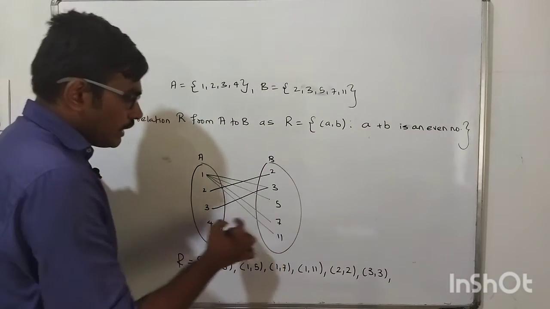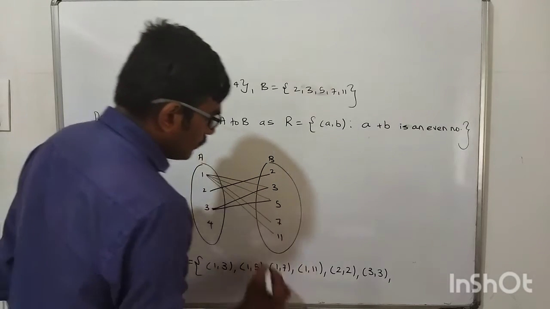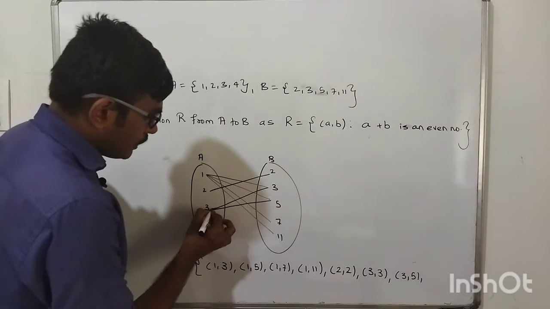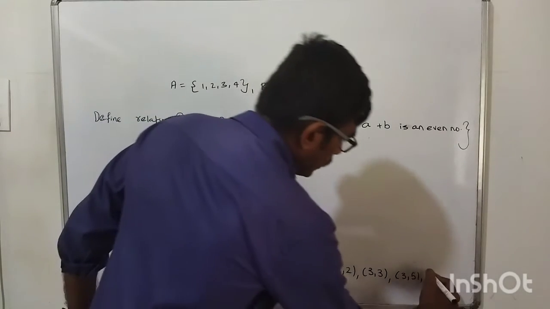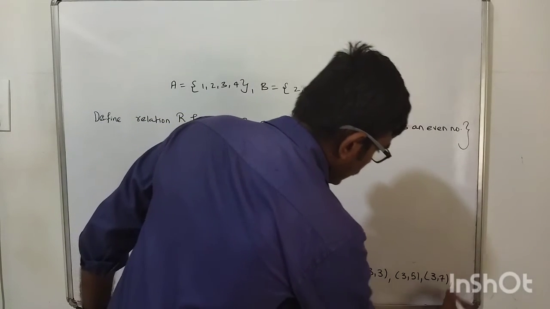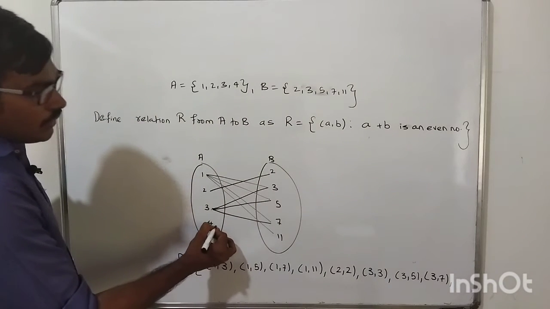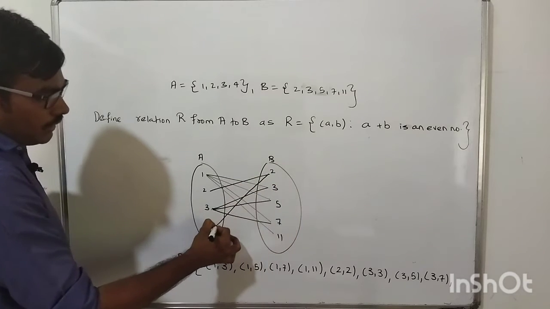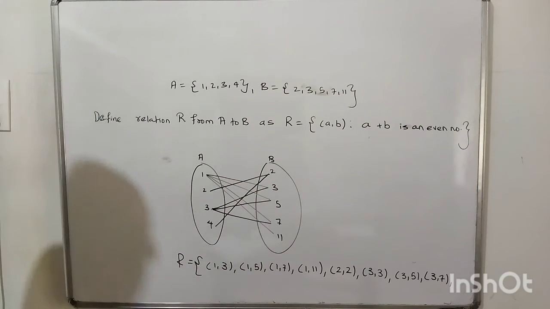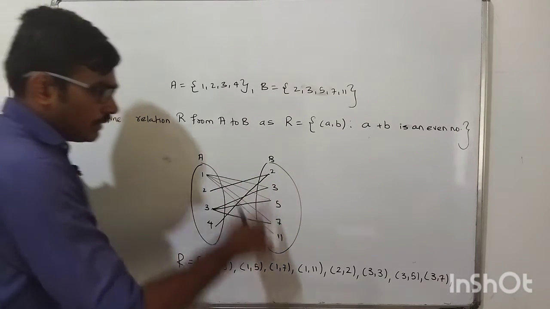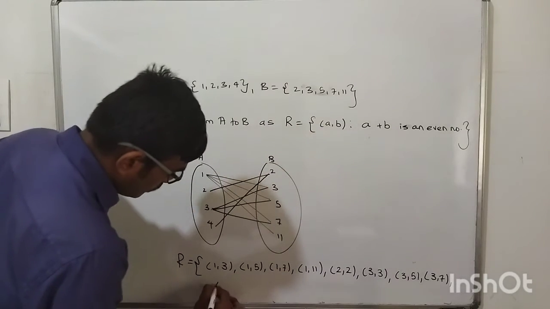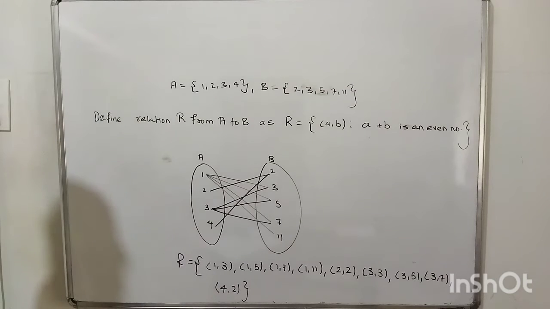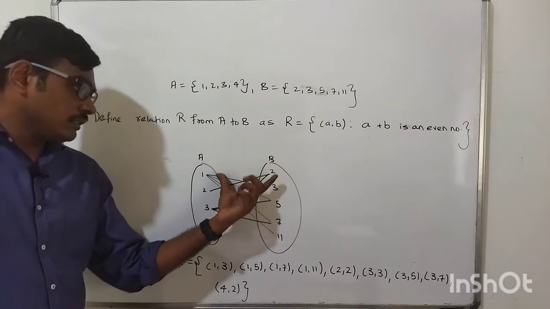Then 3 plus 5 is also even, so (3, 5) will come. Then 3 plus 7, so (3, 7) will come. And then 4 we can relate with only 2, because 4 plus 2 is even, nothing else. So (4, 2) is the last element. Whatever pair comes, you have to make that.